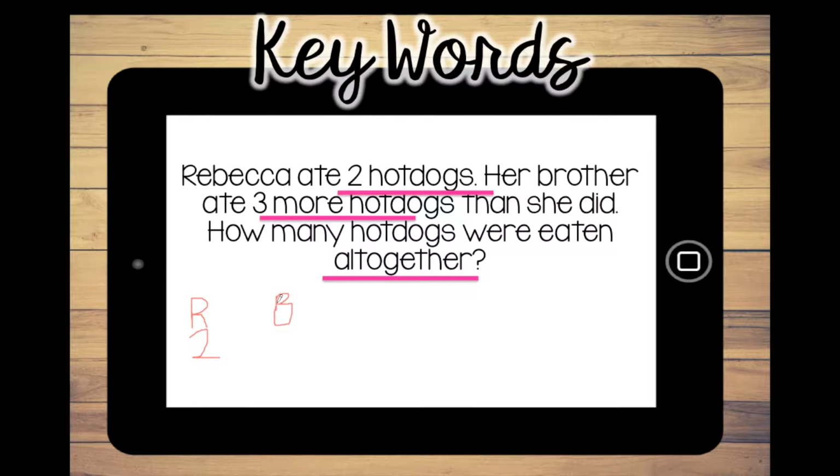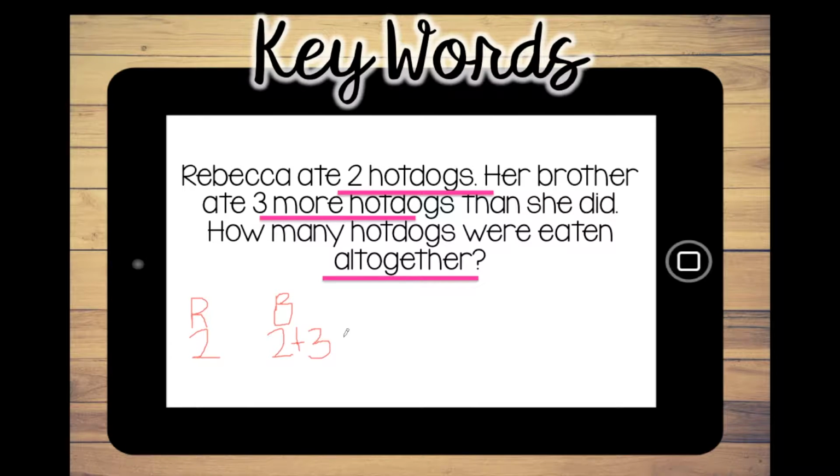Now I know more means to add, so I'm automatically going to say 2, because 2 is Rebecca's hot dogs, plus 3 because he ate 3 more than Rebecca. So I have Rebecca's hot dogs and I have brother's hot dogs.